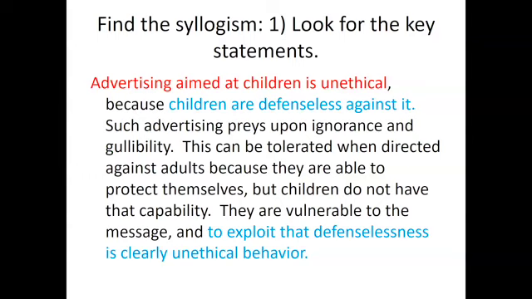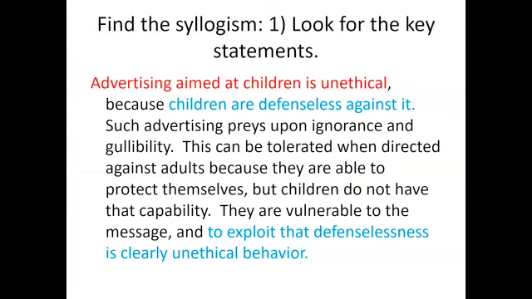Such advertising preys upon ignorance and gullibility. This can be tolerated when directed against adults because they are able to protect themselves, but children do not have that capability. So here what we have is basically a backup or explanation and support for that premise, right? To help us understand why children are defenseless against the advertising.